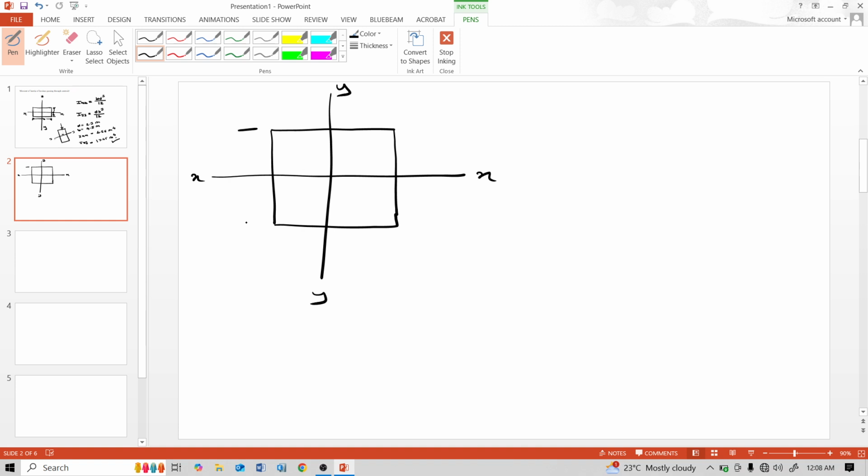This side of square is a and this side of square is also a.